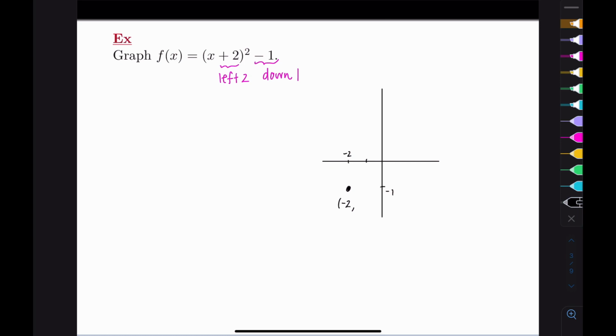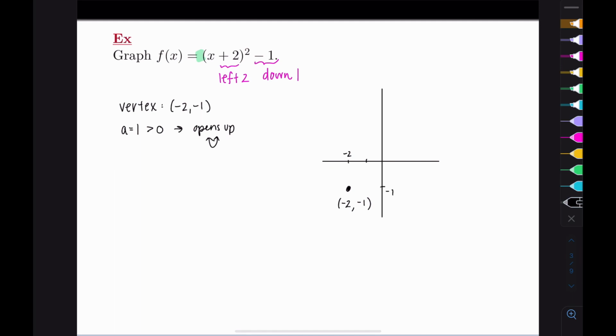And so our vertex is exactly that. It's the opposite for x, so it's -2, and it's exactly the value we have on the outside, which is -1. So our vertex is just that. The value of a in this case, there is a +1 out front. So it's a positive number, which tells us the graph is going to open upwards.